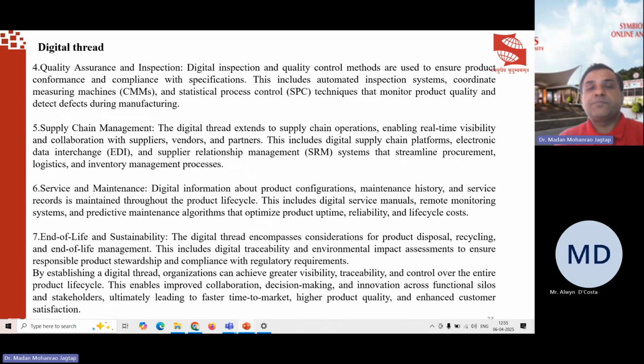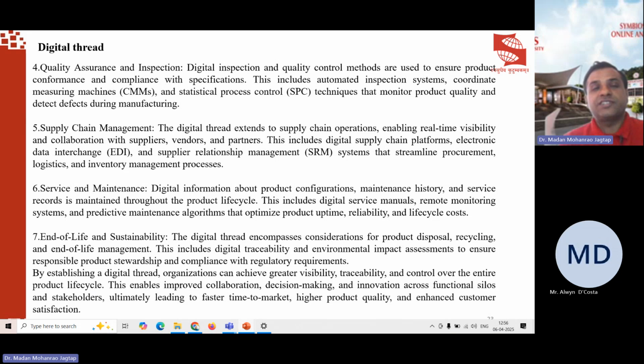The digital inspection and quality control methods are used to ensure product conformance and compliance with the specification. This includes automated inspection system, coordinate measuring machine, and statistical process control technique. So we have a digital design with design features and specifications. Now we have created that product with those specifications.